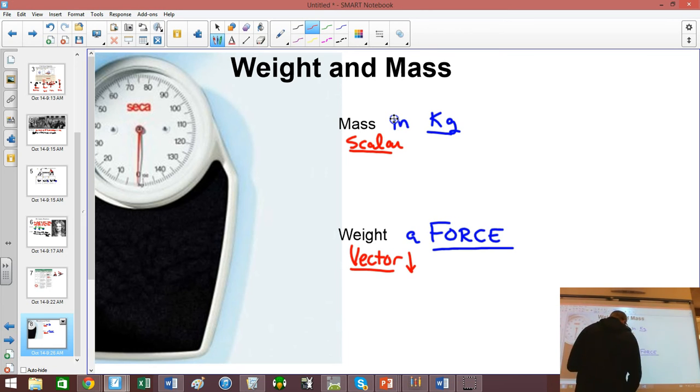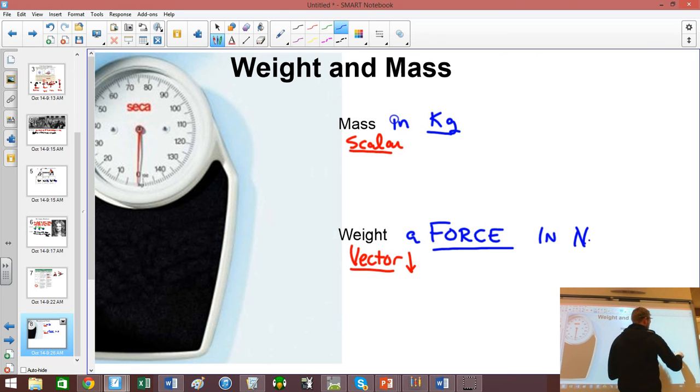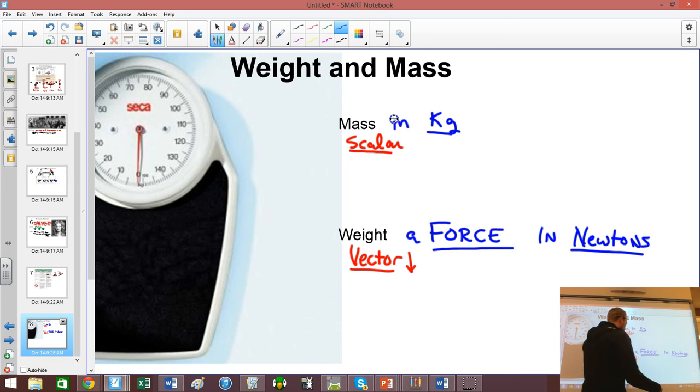We measure force in newtons. One newton is approximately, let's see here, I think there's 2.2 pounds in 1 newton.